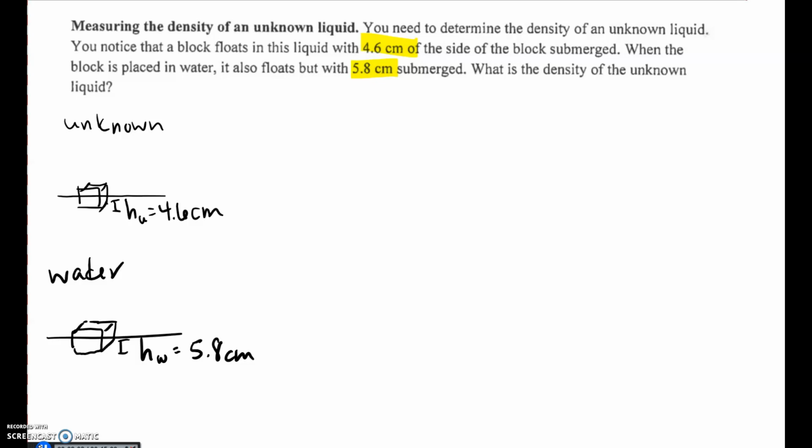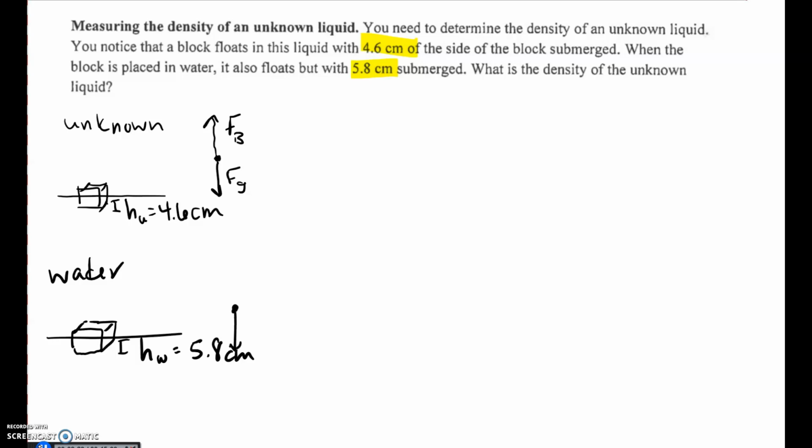So, for our block in the unknown fluid, we've got the weight of the block acting downward. And then we have buoyant force acting upward. And the buoyant force, since the block is in equilibrium, is equal to the weight. Great. Block in water.